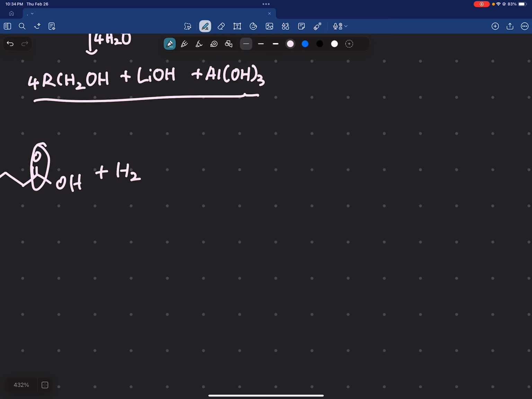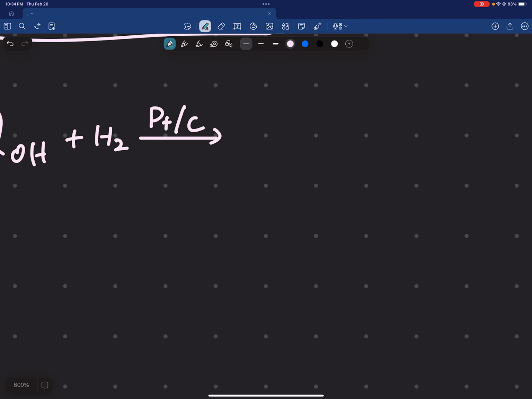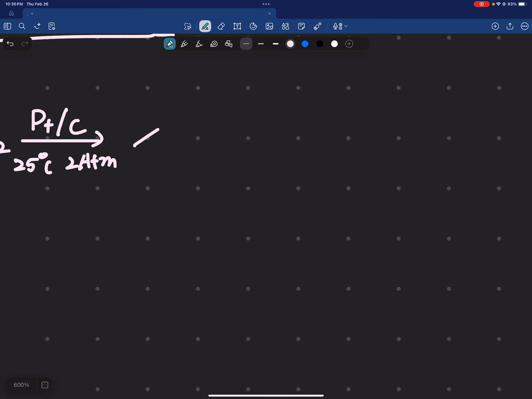So if we add hydrogen to this, usually you'll see palladium or platinum over carbon. This will probably be at 25C and 2 atmospheres, but you don't need to know this. It's just what this might be run at.